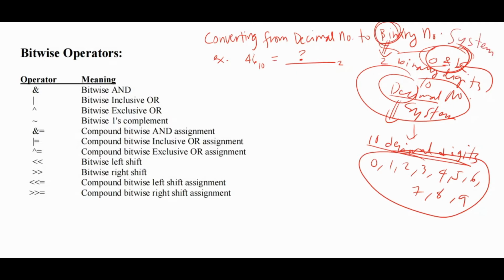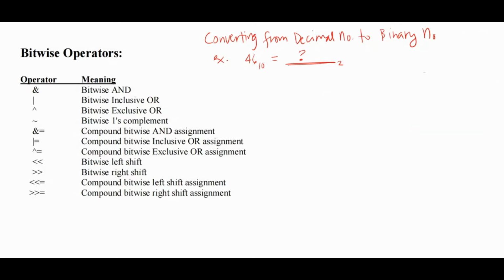So we are going to discuss now how to convert from a decimal number like this one, 46, base 10. Base 10 means that this number is in the decimal number system, and the base 2 here means that this number is in the binary number system.